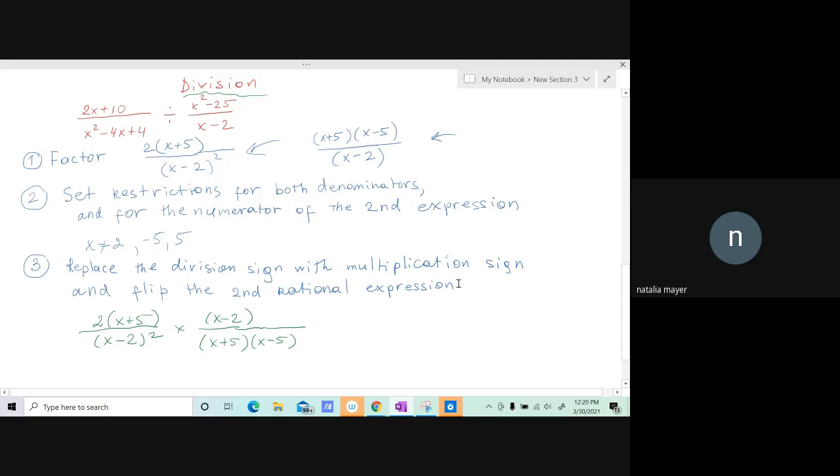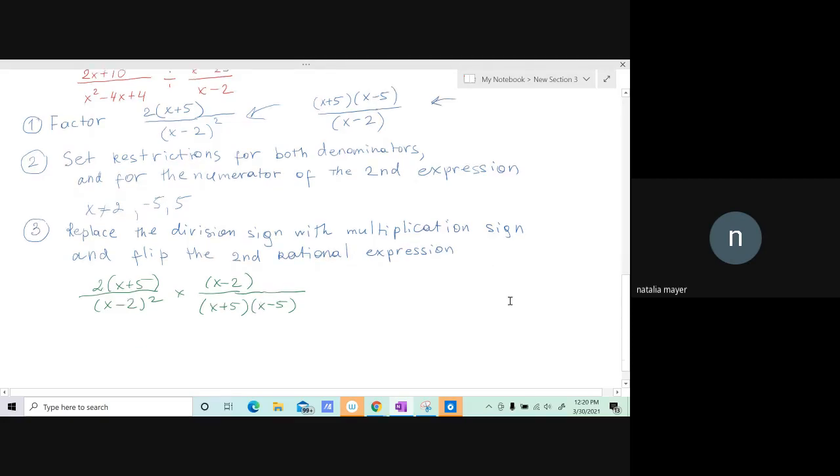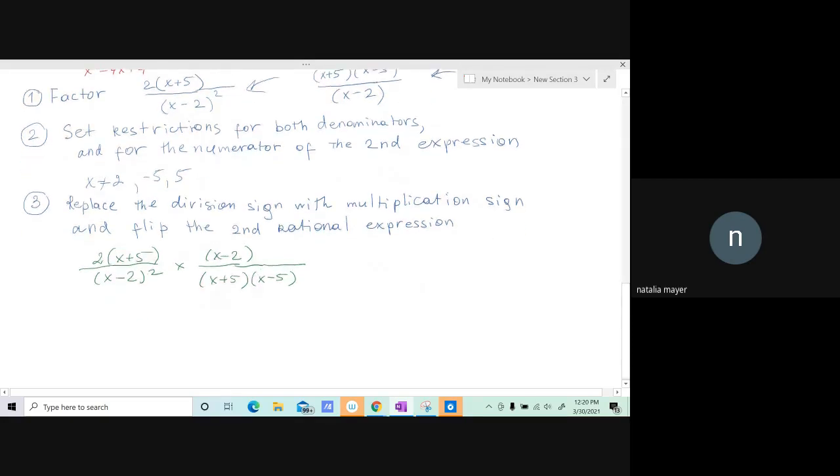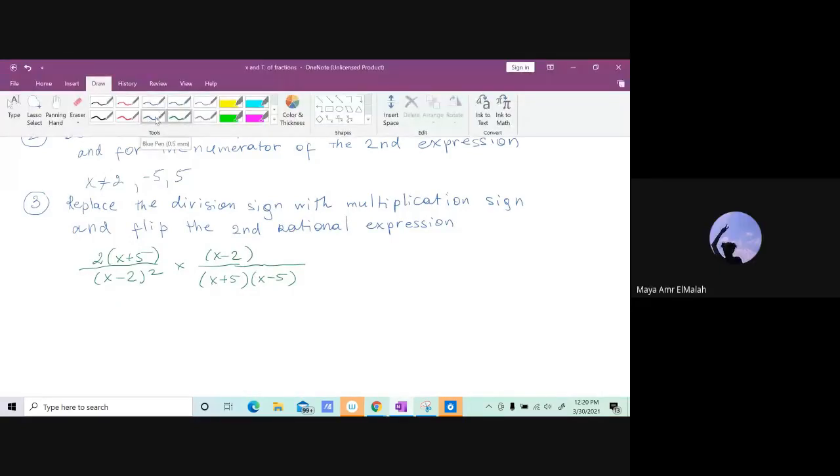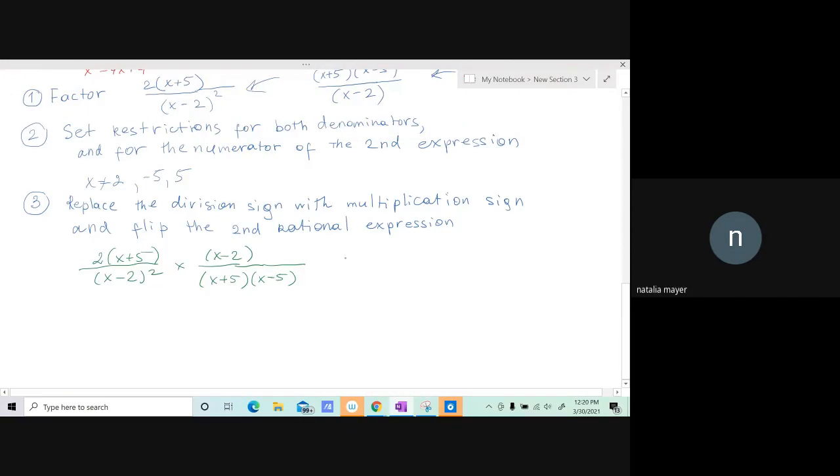So now, what was Maya suggesting before? What are we going to do next? Simplify. From now on, follow the steps of multiplication, because it's multiplication.